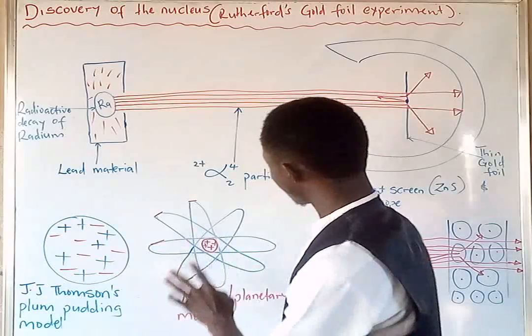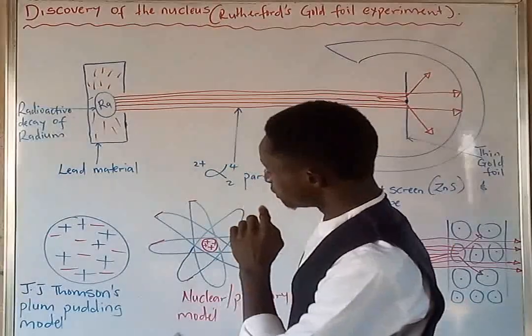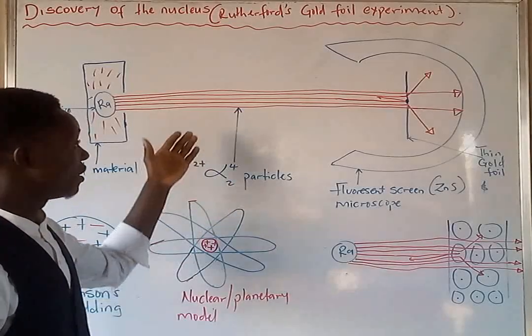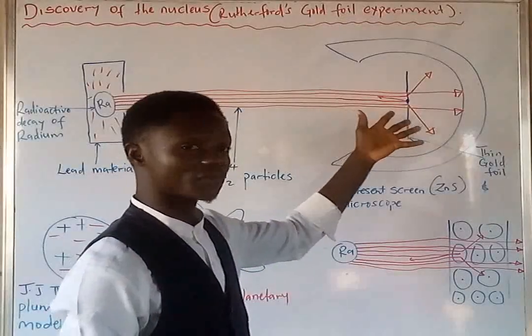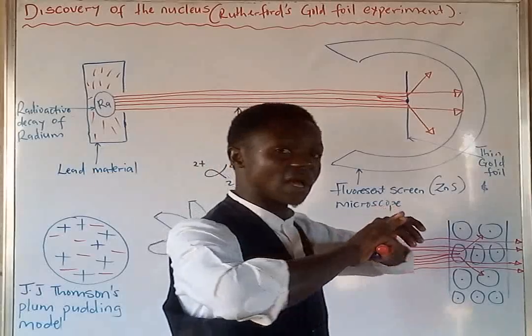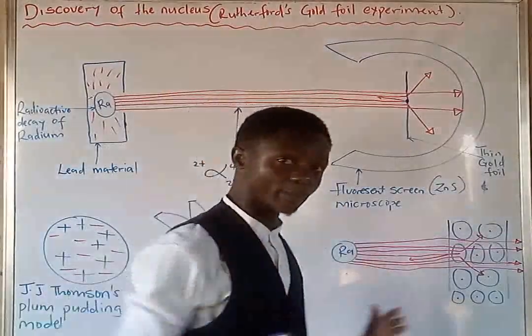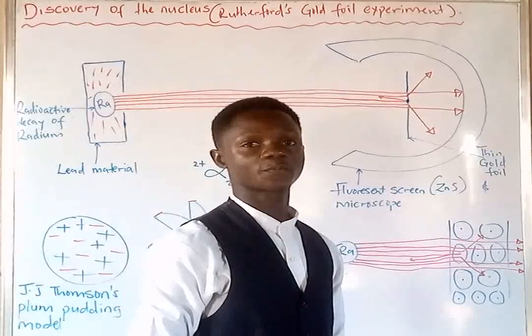But there was a different observation. This observation was that the alpha particles, some of them were being deflected at large angles, while some bounced back and then most passed through the foil.